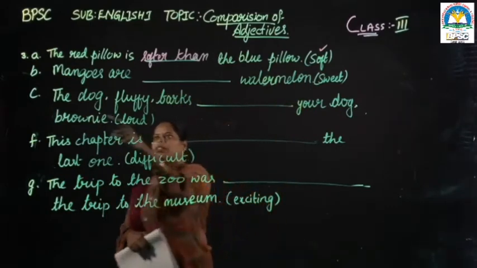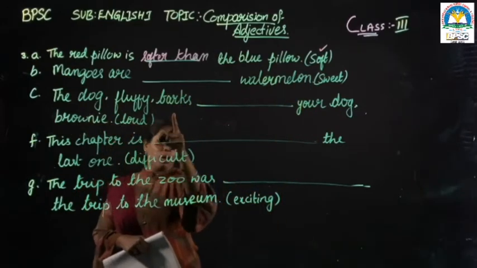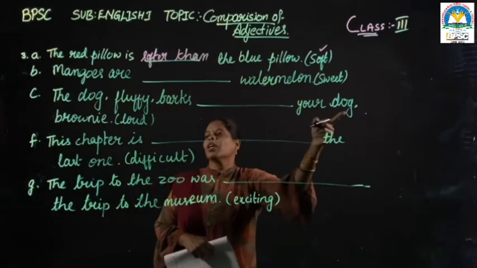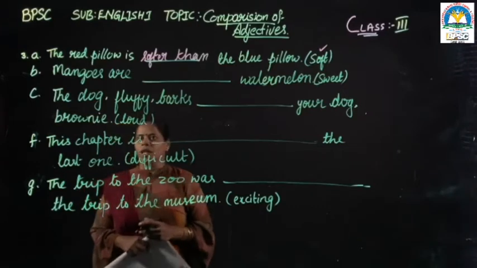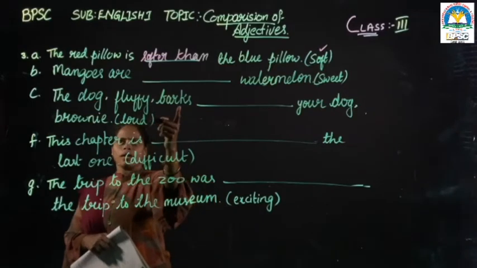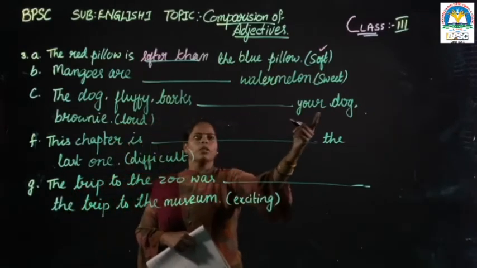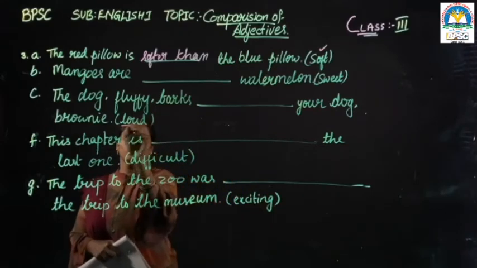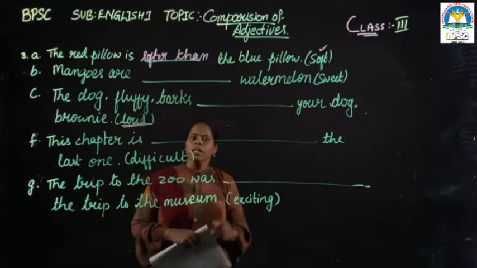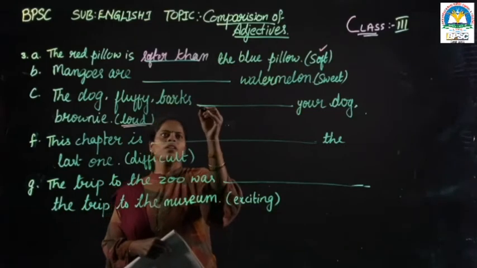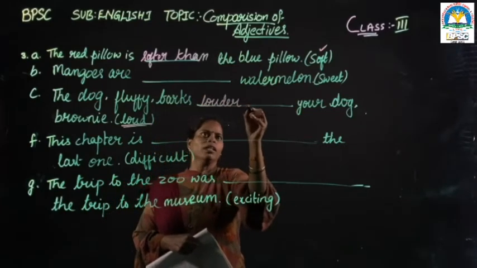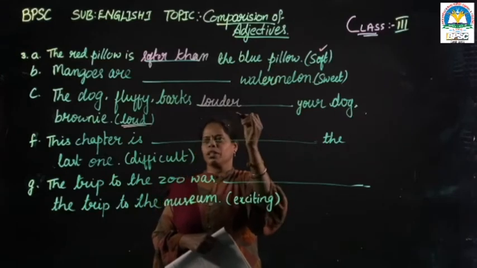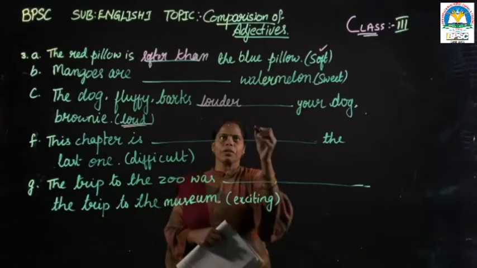Okay. The dog Fluffy barks dash your dog Brownie. Fluffy is the name of a dog. Fluffy barks dash your dog Brownie. How? Loud. Louder than. After louder, which word do you write?